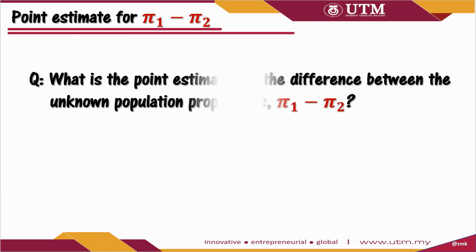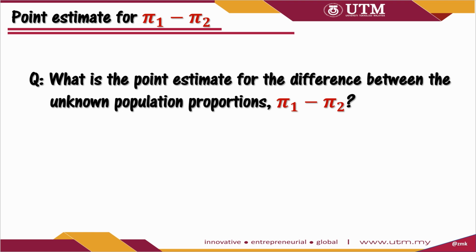The question now is, what is the point estimate for the difference between the unknown population proportions, pi1 minus pi2, where pi1 minus pi2 is the parameter of interest in this topic?